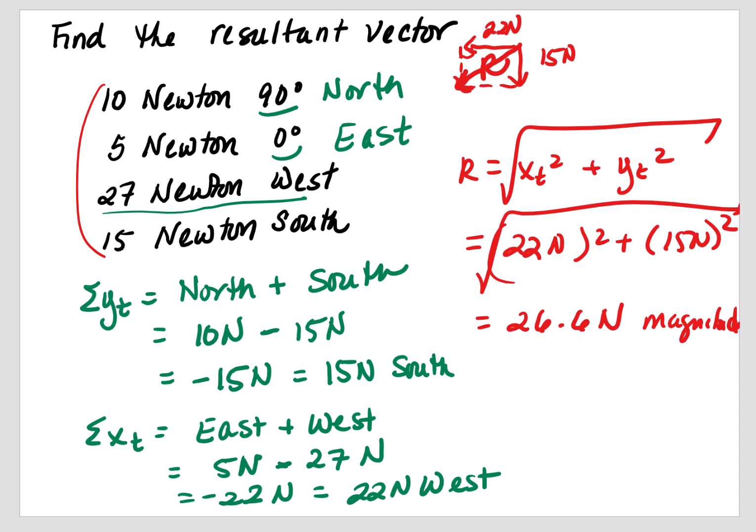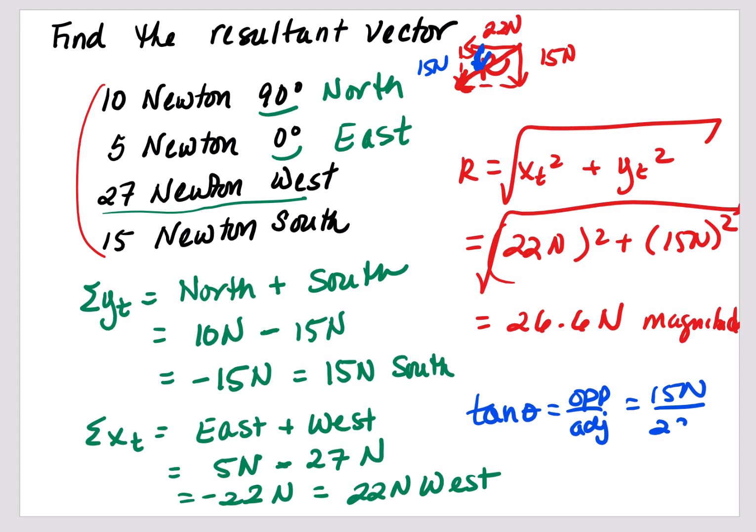I'm going to measure my direction from the west, going to the south. And again, you could go from south to west. It really doesn't matter. You just need to write the proper direction. Since I'm measuring it from the west, my tangent theta is still opposite over adjacent. Opposite this is my 15 newtons.